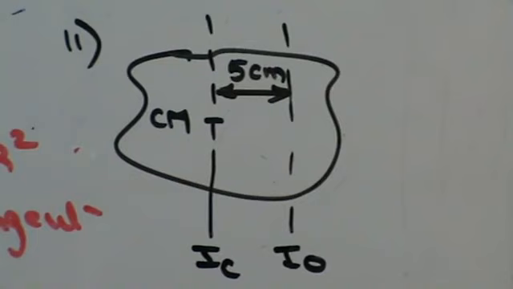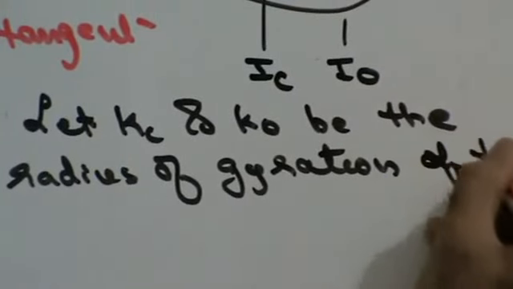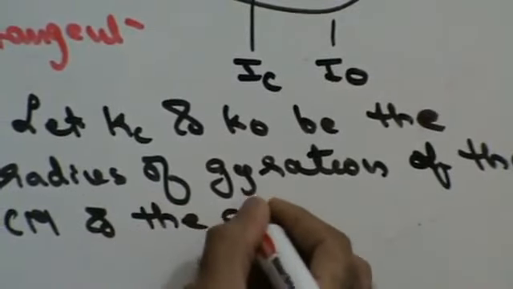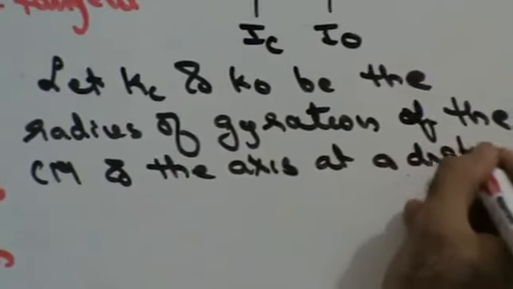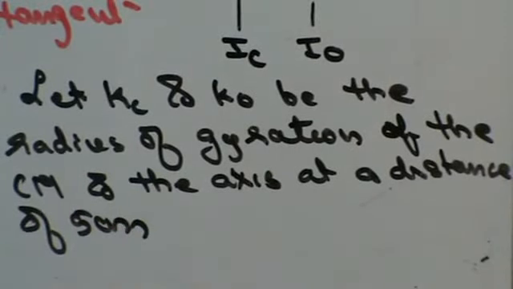So you'll say let KC and KO be the radius of gyration about the center of mass and the axis at a distance of 5 centimeters. Right? Now, I can straight away apply theorem of parallel axis.